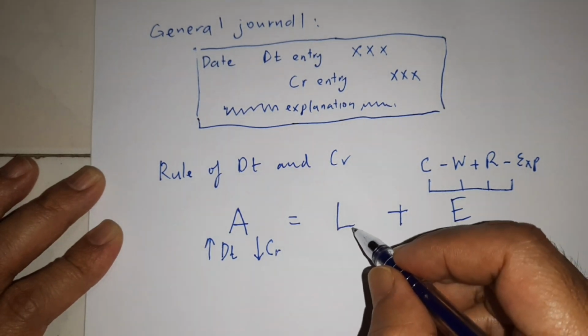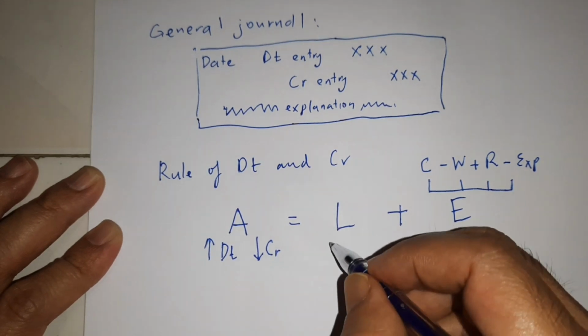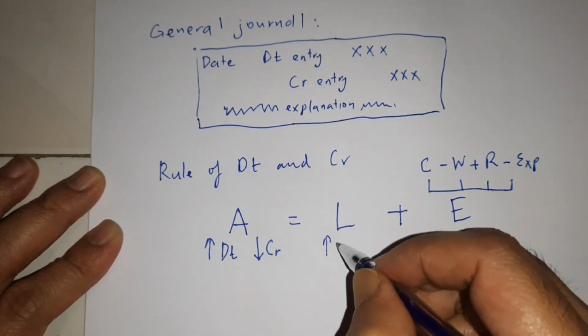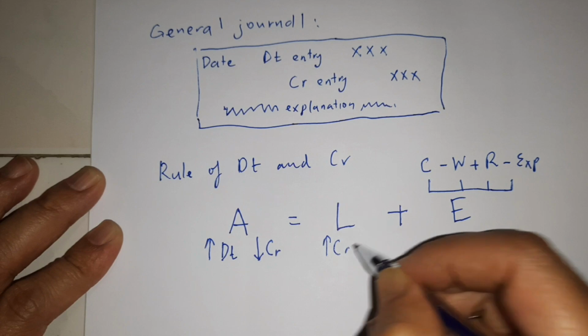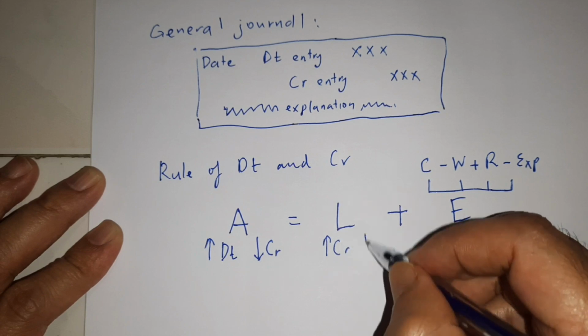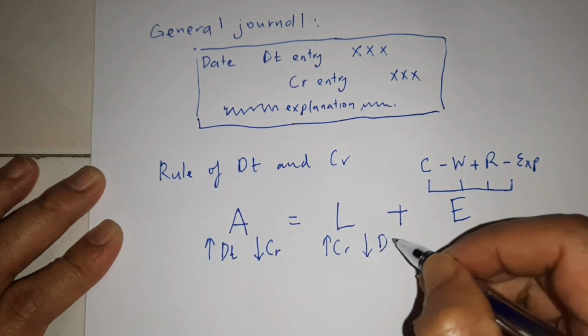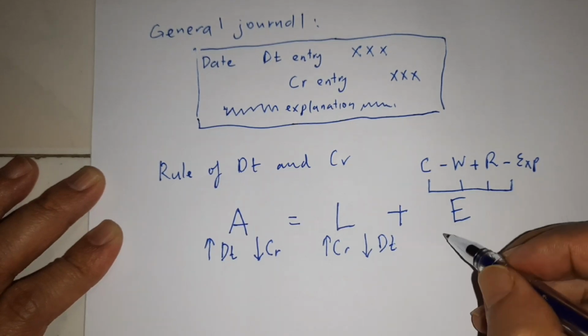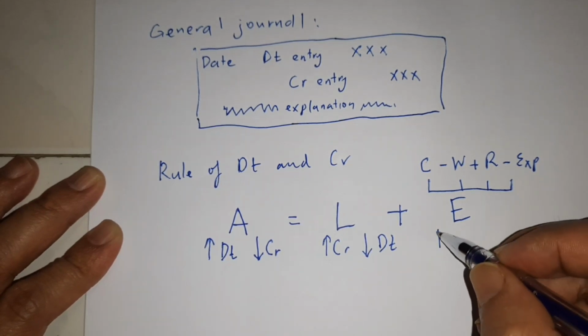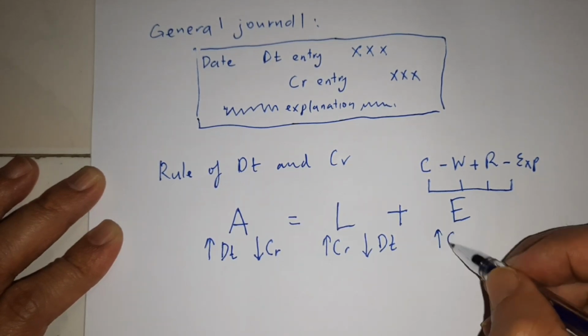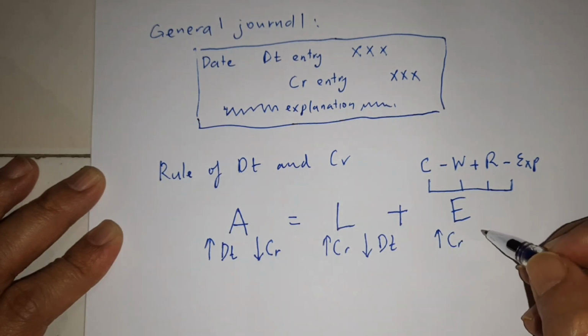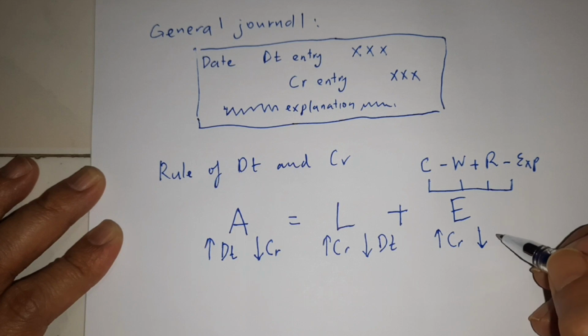For liability and equity, if liability increases, you credit the liability account, and if the liability decreases, you debit the liability account. For equity, if the equity increases, you have to credit the equity account, and if the equity decreases, you have to debit the account.